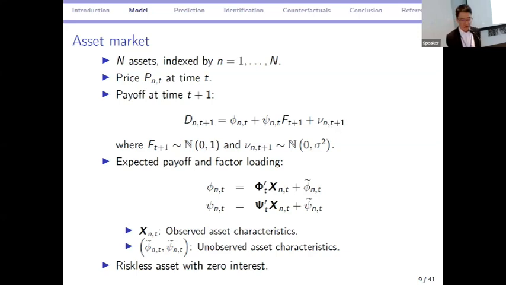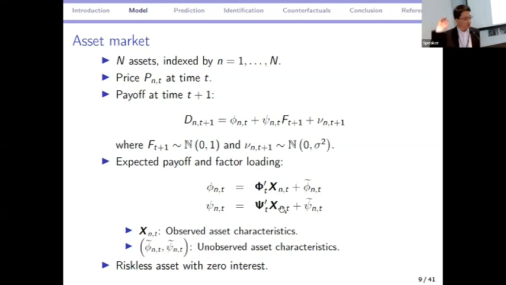We're going to do the standard CARA-normal thing where we assume both the factor and the idiosyncratic shock have a normal distribution. Then the factor loadings psi and the expected payoff phi are functions of characteristics.